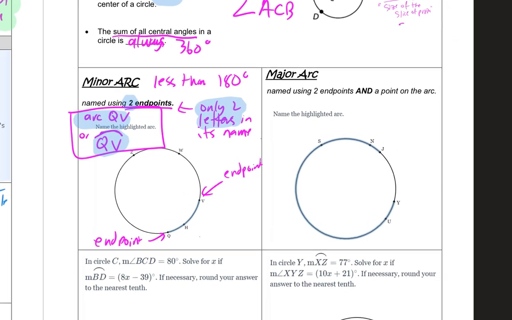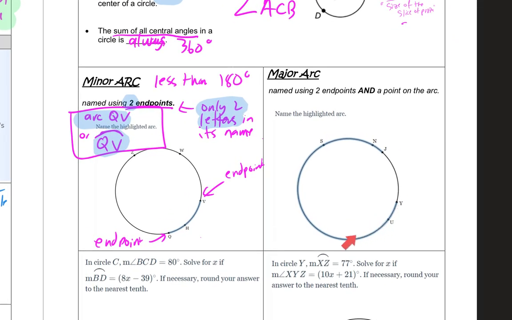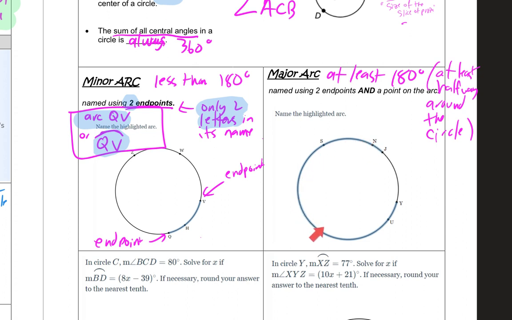A major arc is something like this. You see this highlighted right here. A major arc is at least 180 degrees, so at least halfway around the circle. If we see this, it's more than half. That would be half right there, so this is more.